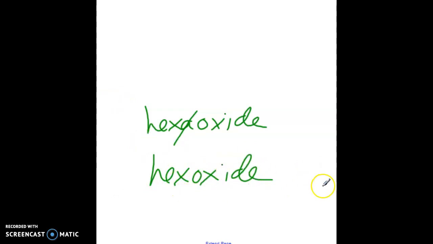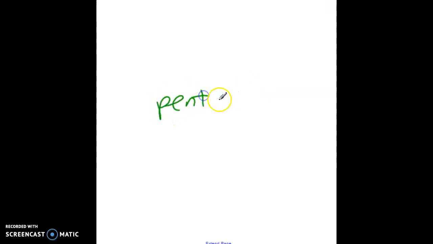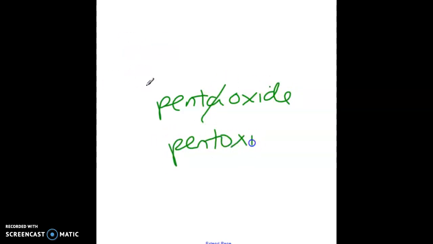That's a weird one, because this actually doesn't exist. I don't know why I used that randomly as an example. So let's say we did penta. This can exist. So pentaoxide. You drop the A, it's just pentoxide, okay? So the classic example is monoxide.